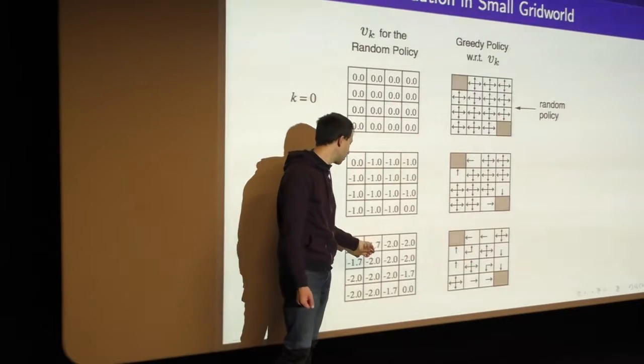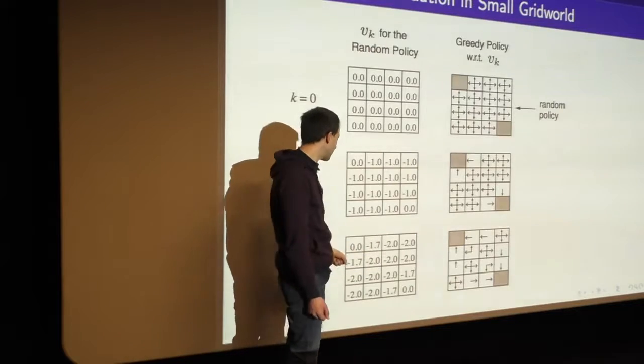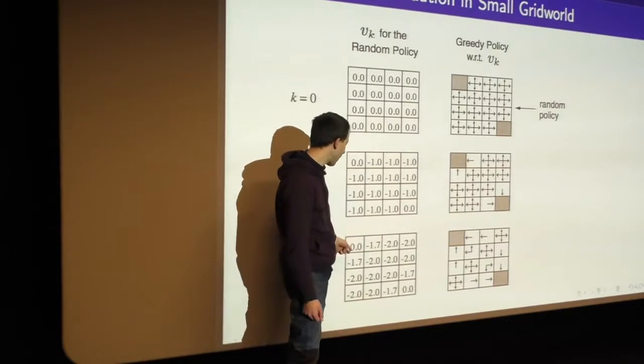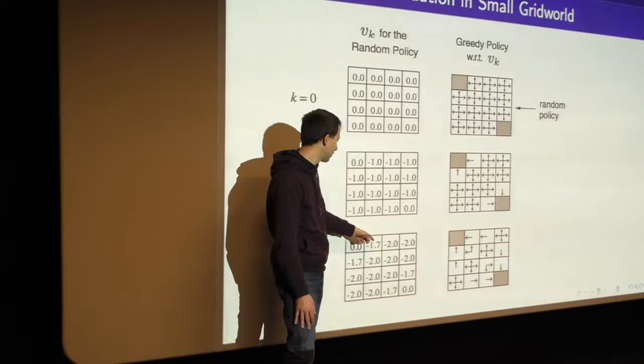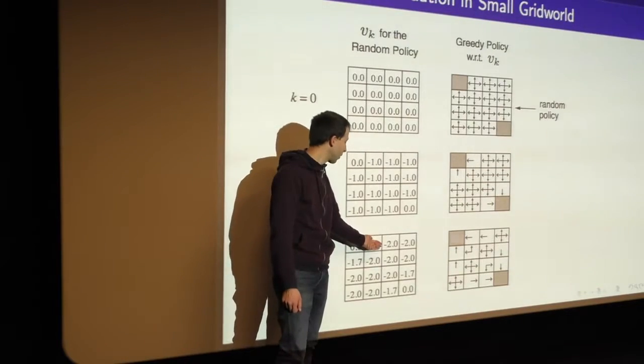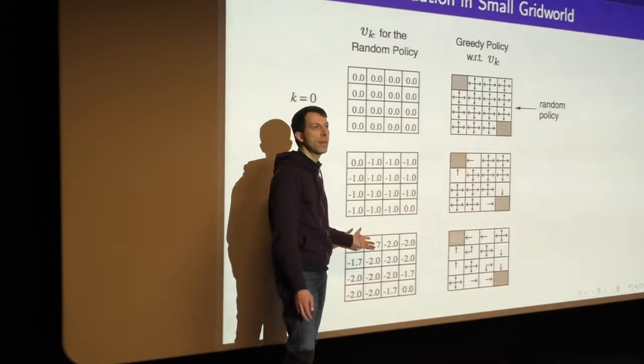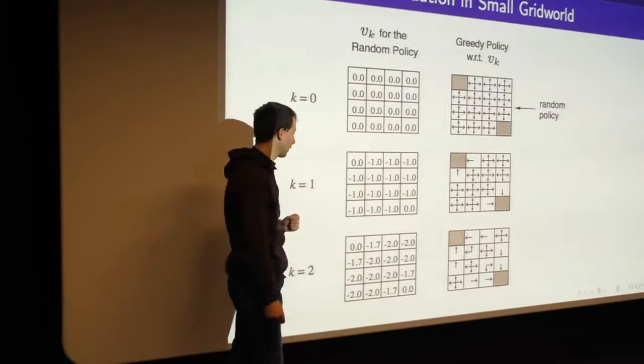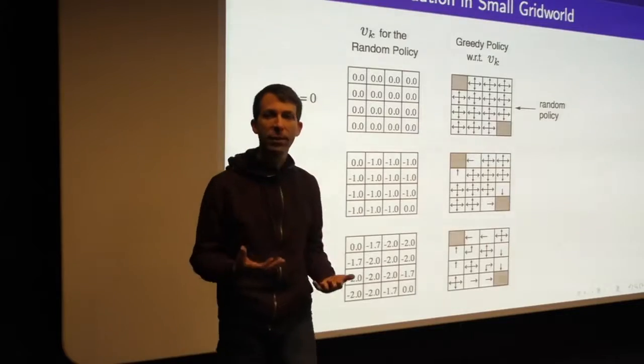So I've got, this should be minus 1.75, I think it just doesn't fit. I've got a 0.25 probability of just getting -1 for the immediate cost, and a 0.75 probability of getting -2. Okay? So we iterate this process.